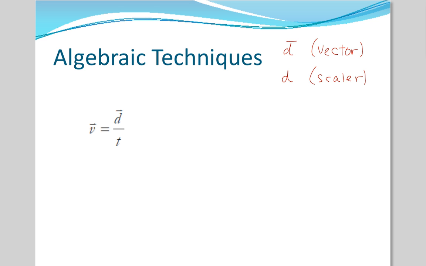So in terms of the variable d that you see in this equation, what's the word for the vector? Good, displacement. What's the word for the scalar? Good, distance.